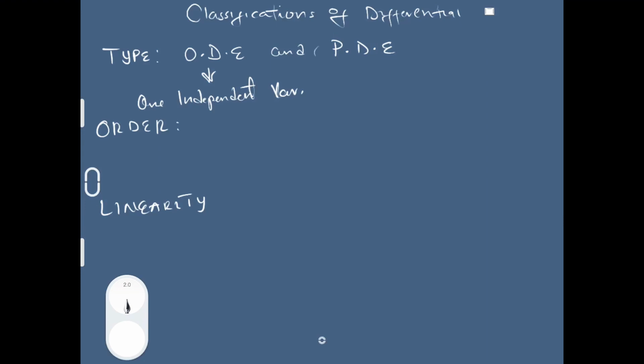For partial differential equations, we have 2 or more independent variables. And partial differential equations are not represented as dx, dy. They actually use the curly d. It's called a curly d.